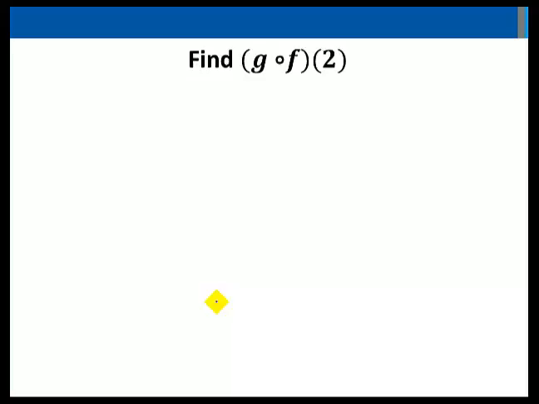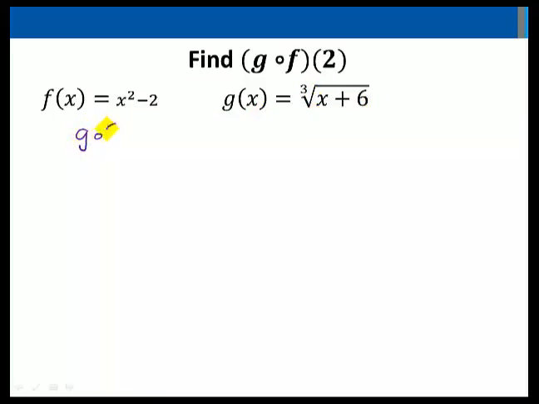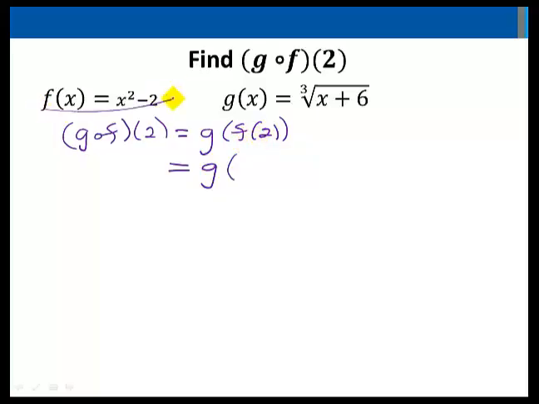Next, g composed with f of 2, where f of x equals x squared minus 2 and g of x equals the cube root of x plus 6. So to find g composed with f of 2, I'll be looking for g of f of 2. And we'll start by finding f of 2. So f of 2, I look at f of x.